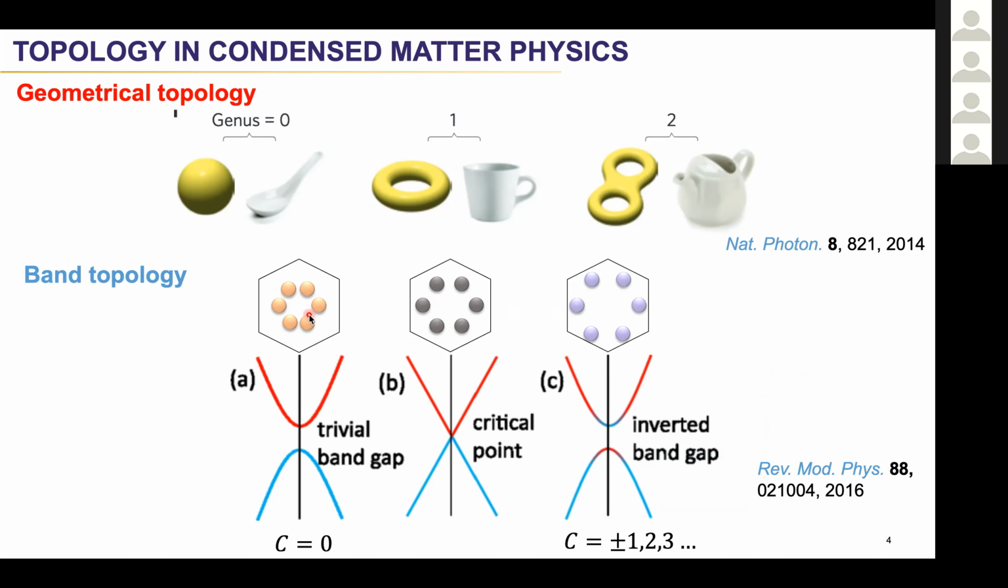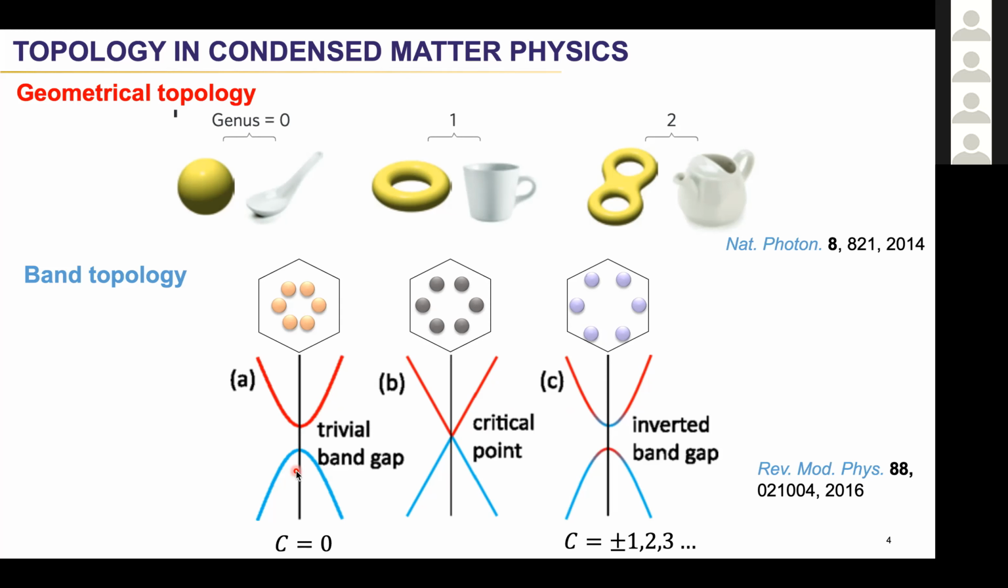Let's consider these 3 crystals with varying atomic arrangements. You may say that these 3 shapes are topologically the same since they can be smoothly deformed into each other, right? But we actually look at the topology of their dispersion bands.